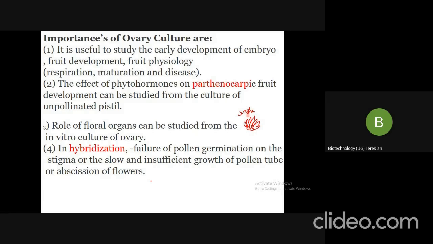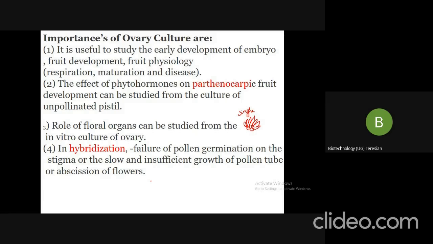So in hybridization, what is happening? There is normal sexual reproduction happening between two different species. But here that is not the case. There is no question of sexual means of reproduction here.